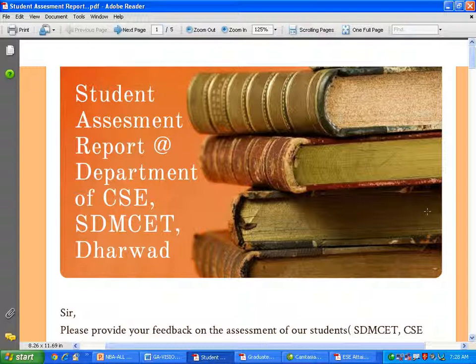Company people come and conduct a placement. Give this sheet to them and say that out of the number of students who have appeared, can you grade the students whom you examined based on these things? And this is also one of the ways of measuring program outcome and program educational objectives.